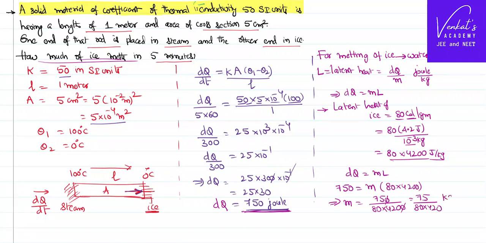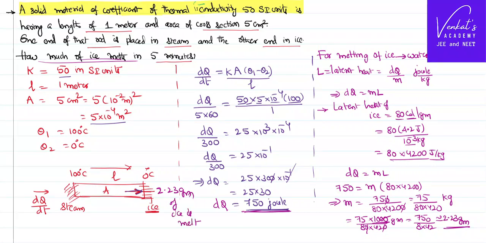But be careful, you will get the answer in kilograms, which is a small value, so I can convert that into grams by multiplying with 1000 by 80 into 420. As I have multiplied with 1000, it becomes grams. Two zeros can be cancelled. So this value will be 750 by 8 into 42. If you calculate, you will get approximately 2.23 gram. So in 5 minutes, 2.23 gram of ice melts.